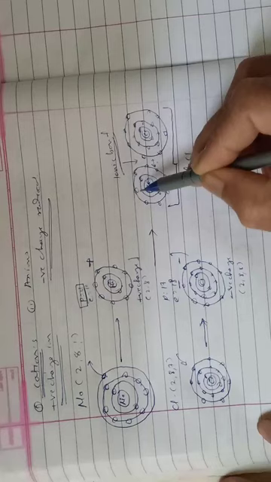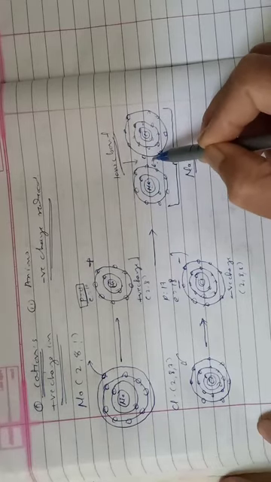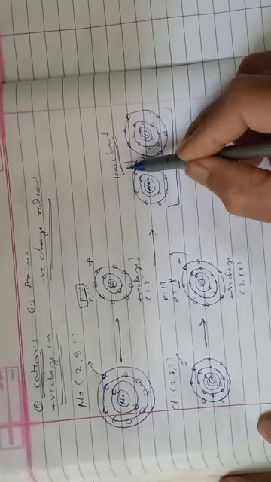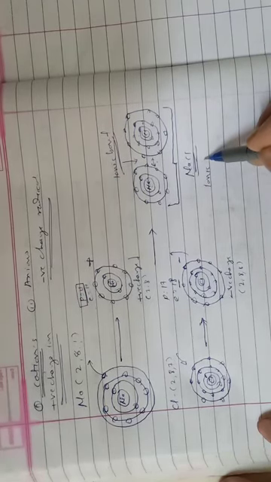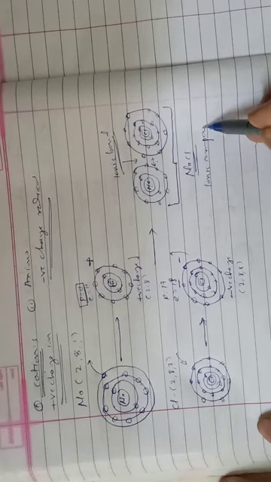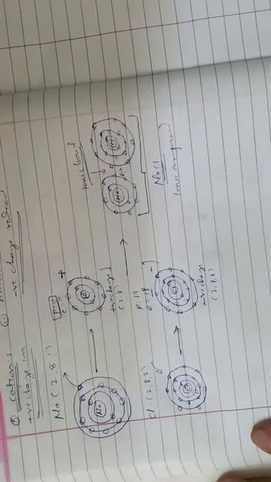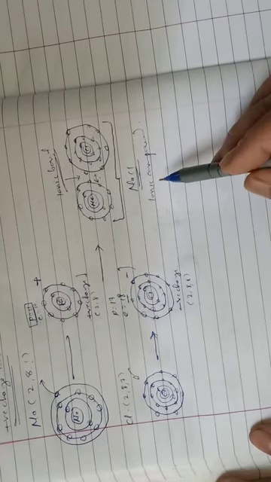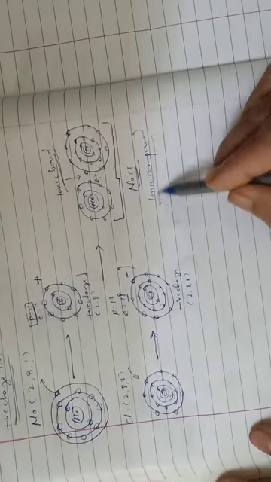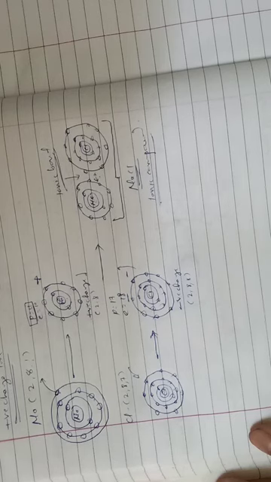Because two ions are attached to each other, that force is called an ionic bond, and that's why sodium chloride is called an ionic compound. These ionic compounds have very high stability.